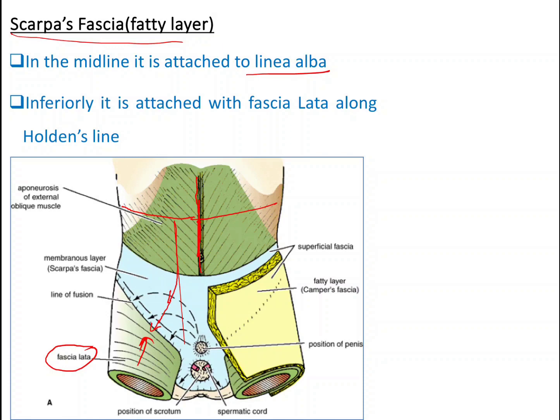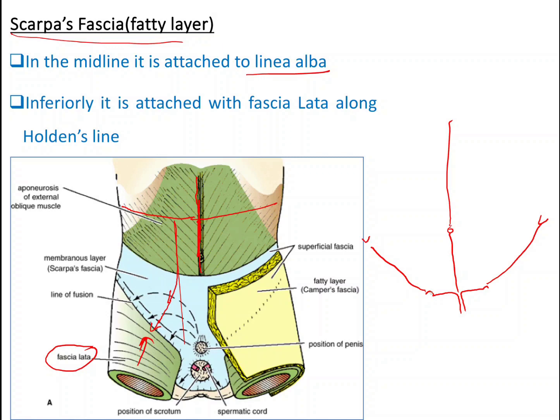Here if I draw like this, we have the pubic symphysis over here, pubic tubercle, inguinal ligament, anterior superior iliac spine, the median plane and the umbilicus.